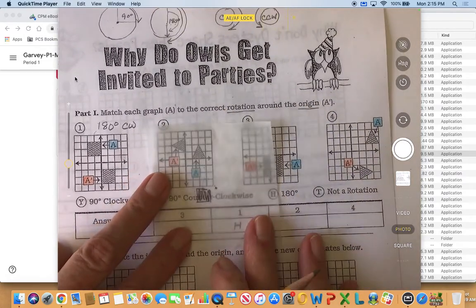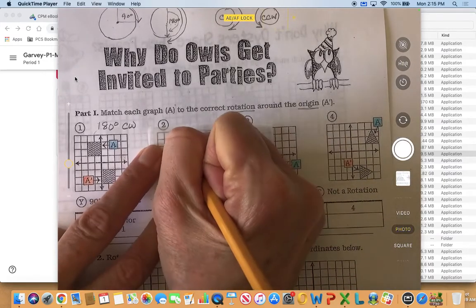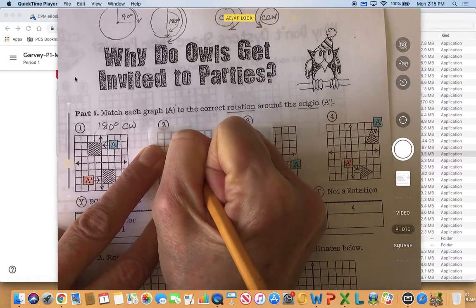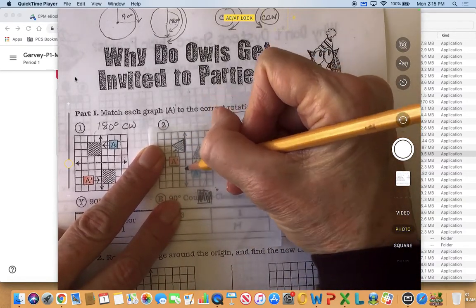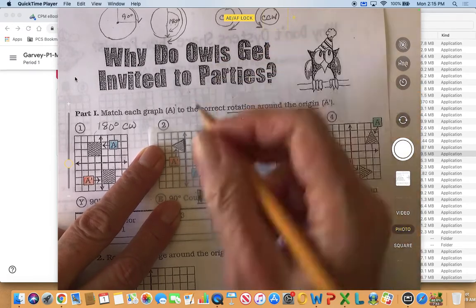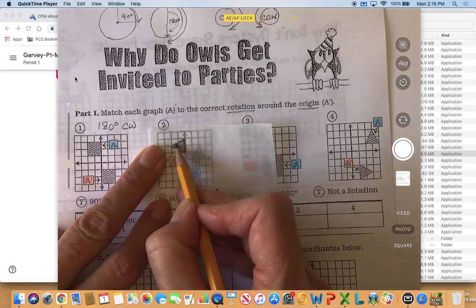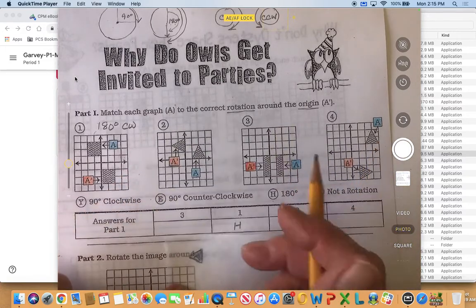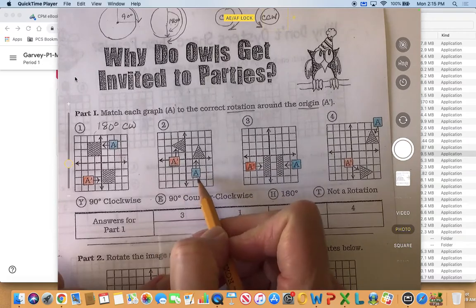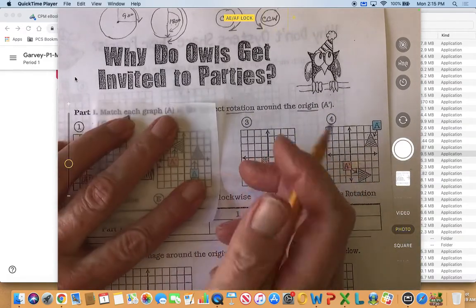When you're rotating a triangle, it's not so easy to see. So let's do a triangle. So here's one side of the triangle resting up against the y-axis, and then we've got the other two sides right here. Oops, that's the wrong one. See, you have to be careful. You have to start with A and not A prime. Okay, so let's start over again.